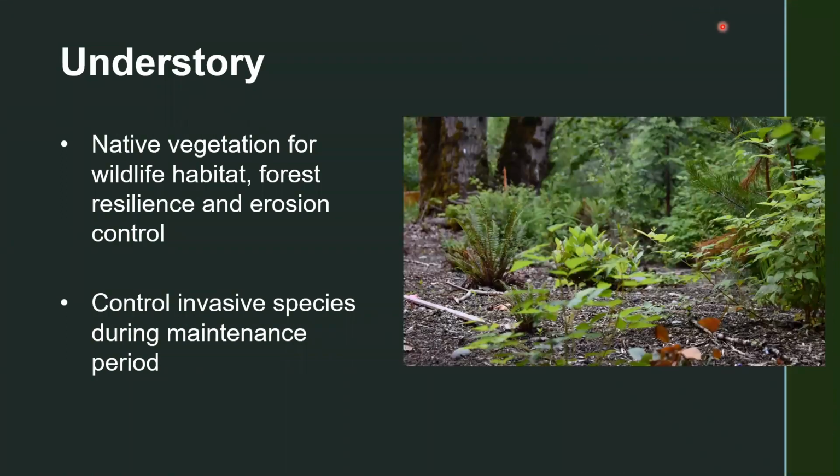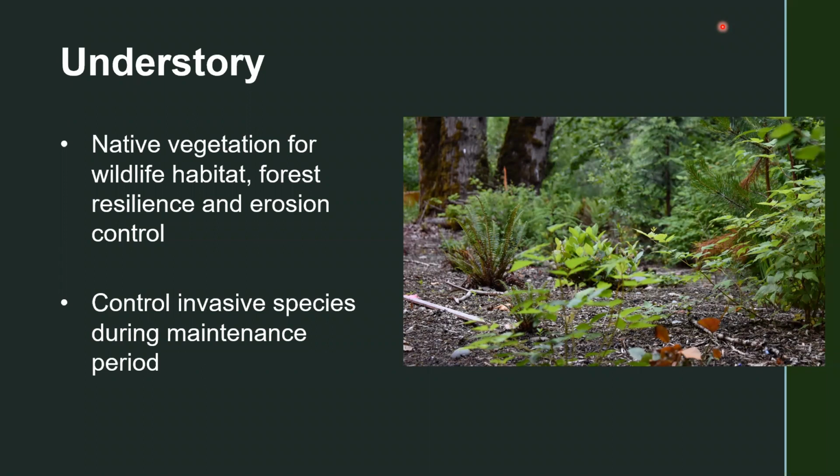With that restoration approach comes the need to restore the understory as well, the plants underneath the canopy. And again, we're going to be aiming to increase the resilience of this ecosystem. So in this case, that means planting native plants that can take over the ground cover and not allow non-native invasive species such as ivy and blackberry from establishing and taking hold.